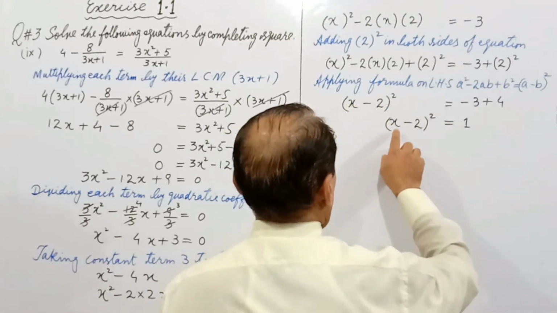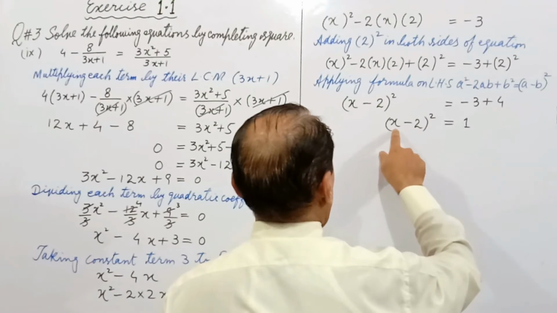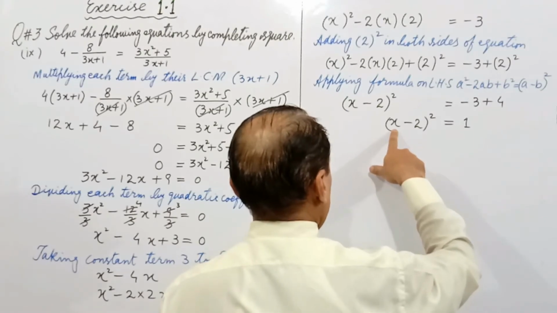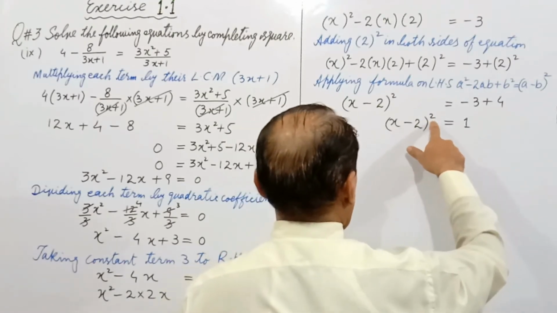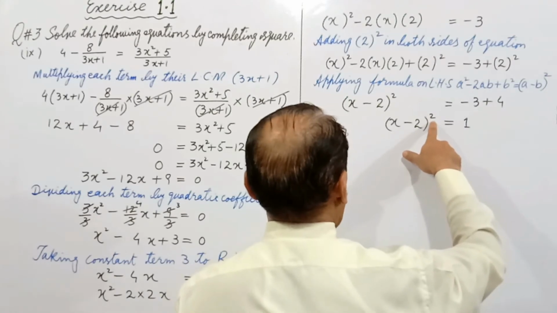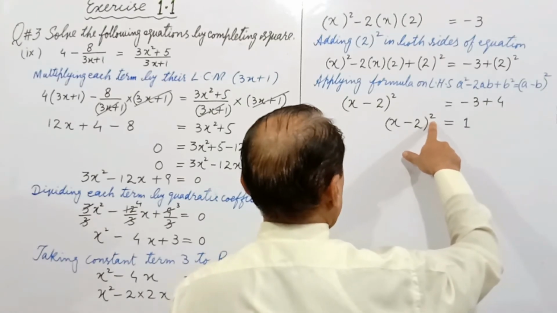As we are required to find out the solution set, it means we have to find the value of x variable. For this, we have to remove this square first, and we apply the inverse action, that is square root.